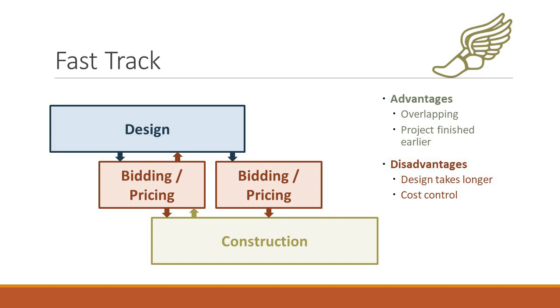Speed of completed projects. The difficulty and the problems that come in with the fast track method is that because construction is starting before the design is completed, the pricing and the estimates may be off. And that's why I have 2 bubbles here.